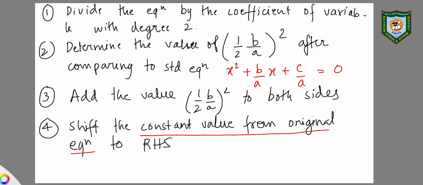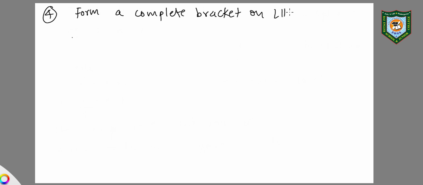So once we do this, all that is left in step number 4 is to form a complete bracket on the left hand side and solve the right hand side.